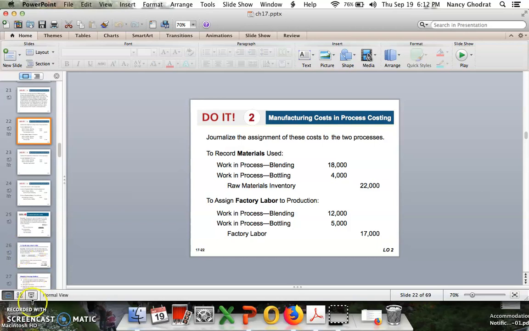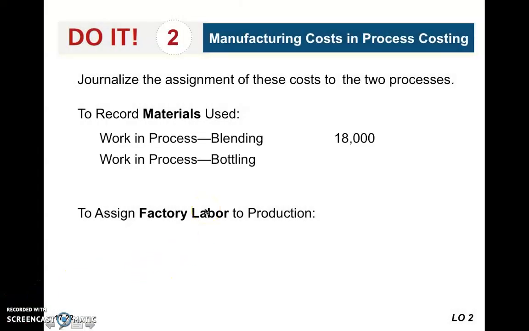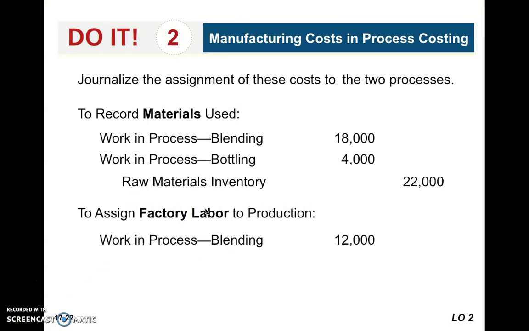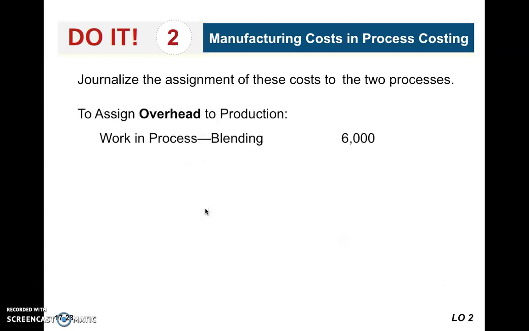There's going to be a work in process, for example, for the blending department and one for bottling to assign the materials. The same for labor. There's going to be a work in process in blending and bottling, and therefore factory labor is assigned to each one of those work in process. And overhead is the same.